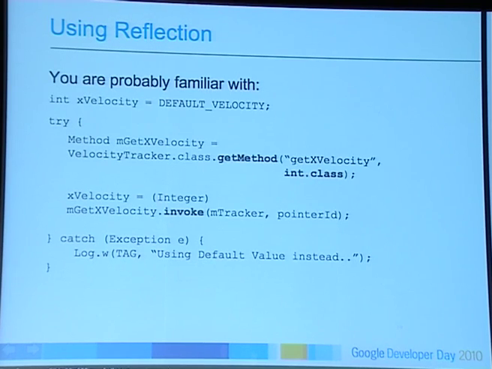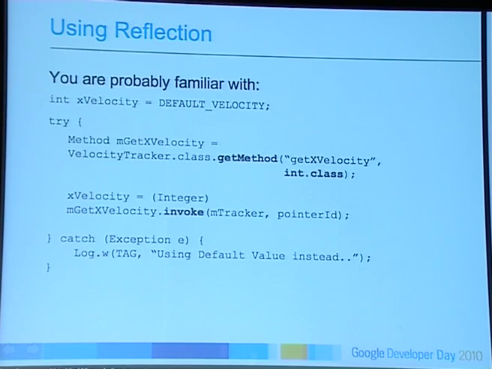If it doesn't work, I just fall into the catch case. If it works, I will invoke the method on my tracker object with the pointer ID. If that gives me a reasonable value, I use this value. Otherwise, I fall back to the default. So this looks like a great idea. This is standard Java, has been around for 10 years. Most developers should be familiar with this.